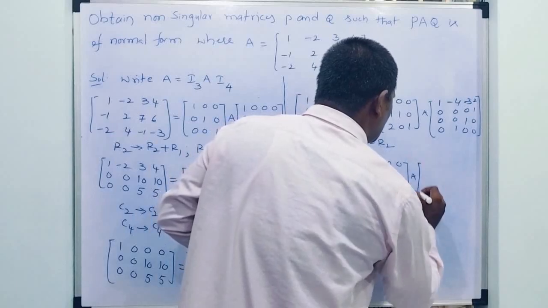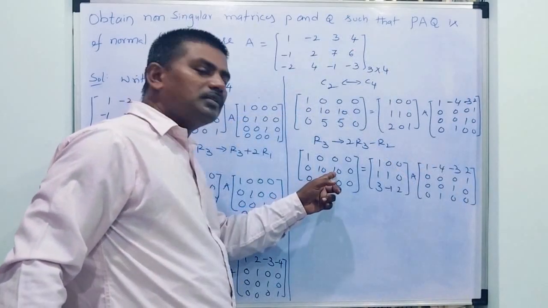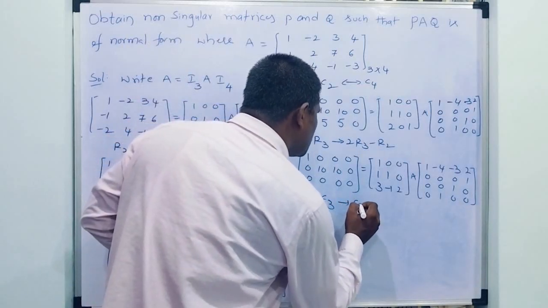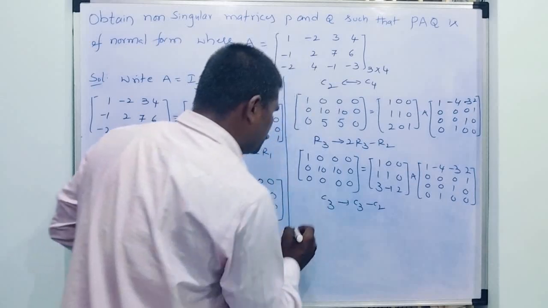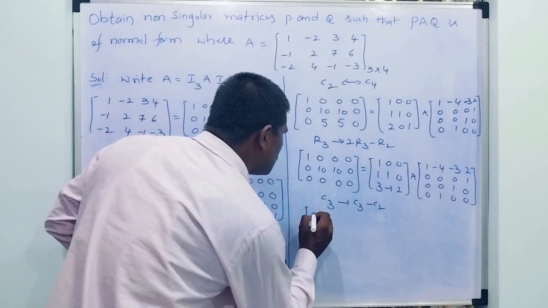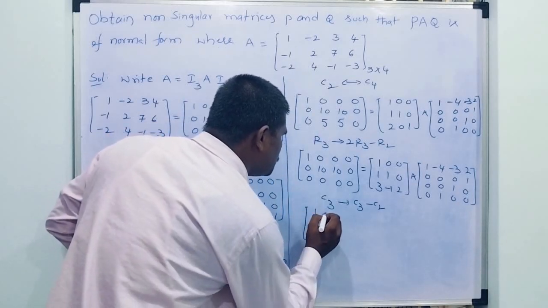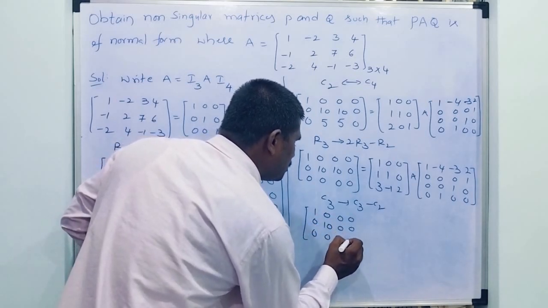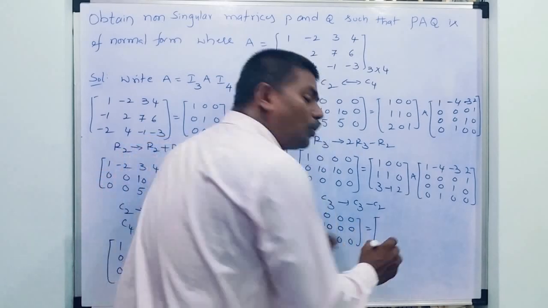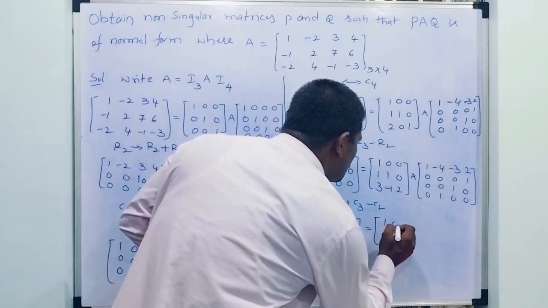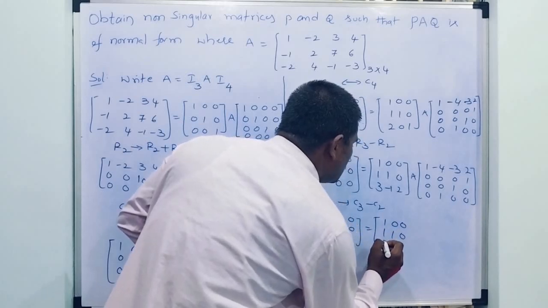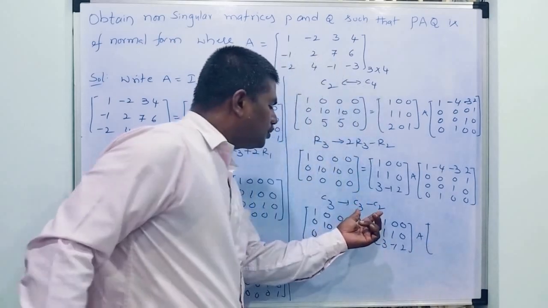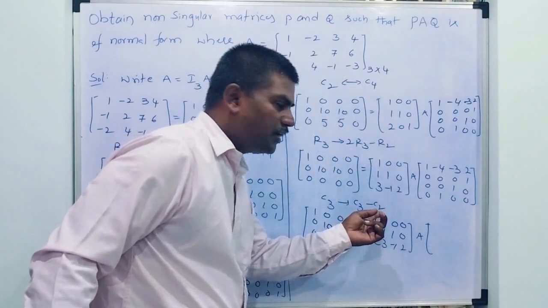Into A into the postfactor. Use the same element and make this one 0, which means C3 tends to C3 minus C2. Then this becomes 1, 0, 0, 0, 10, 0, 0, 0, 0, 0, 0, 0, which is equal to no change in the prefactor: 1, 0, 0, 1, 1, 0, 3, minus 1, 2, into A, into C3 minus C2.